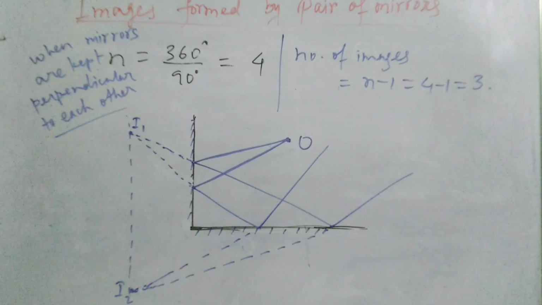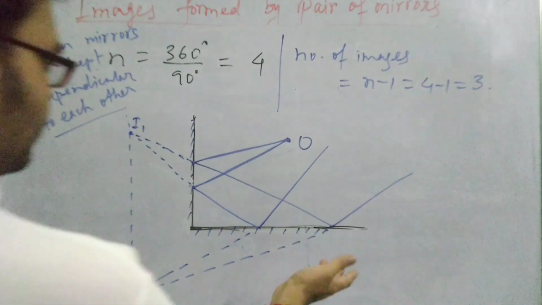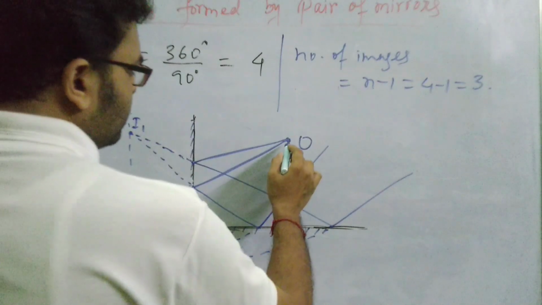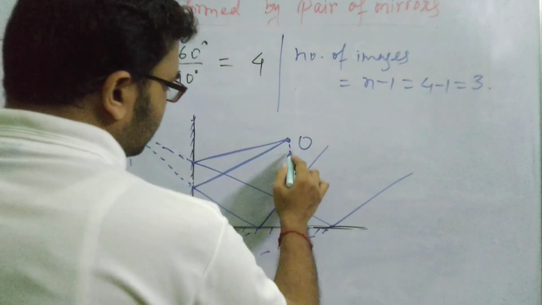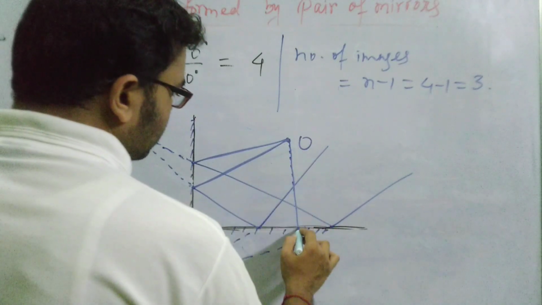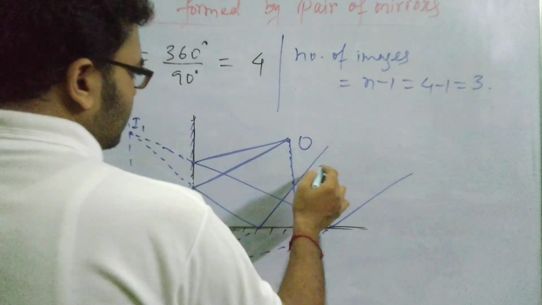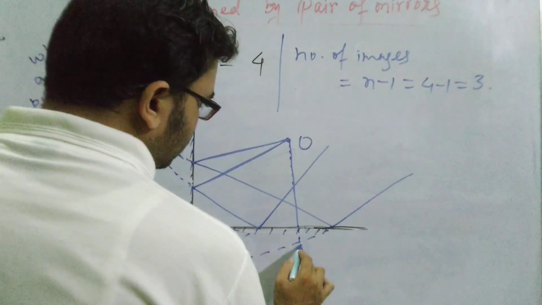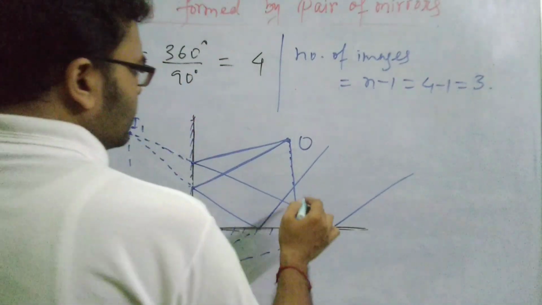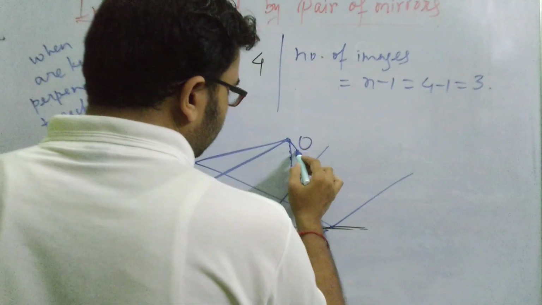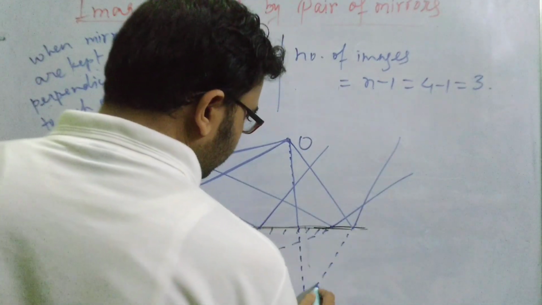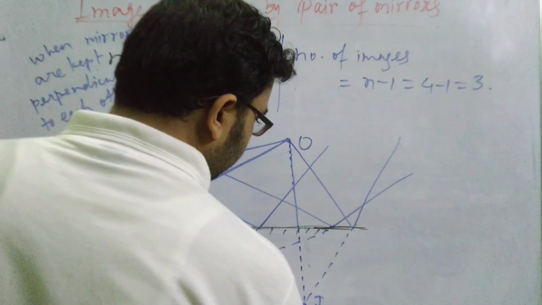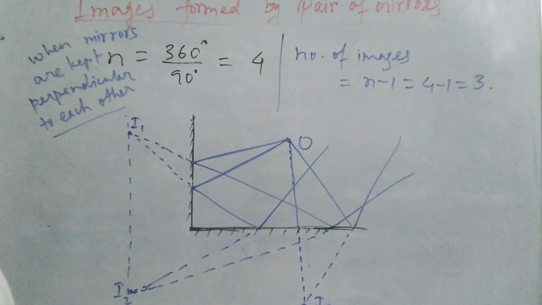If the light ray first falls on the horizontal mirror, then the light rays from here directly fall on this surface. Consider another light ray falling here and bouncing back like this. So you get another image here, I3. So see, three images are being found here.